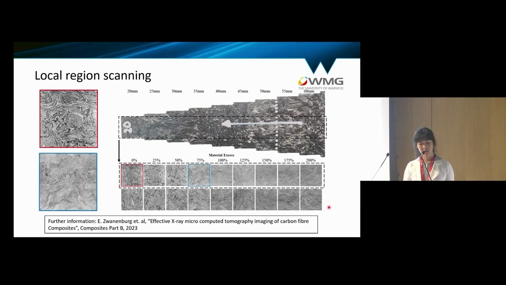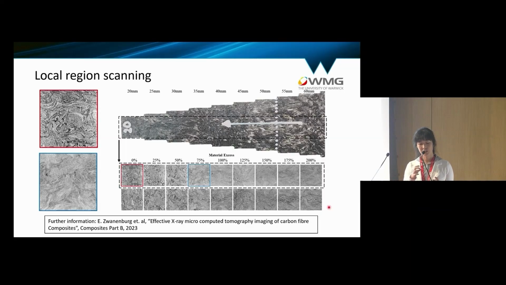And they also did this local region scanning, because the idea is, even if we can't possibly scan a whole part, if we want to scan a small area that we are interested in the whole part, can we actually do that scan without cutting up the whole part?